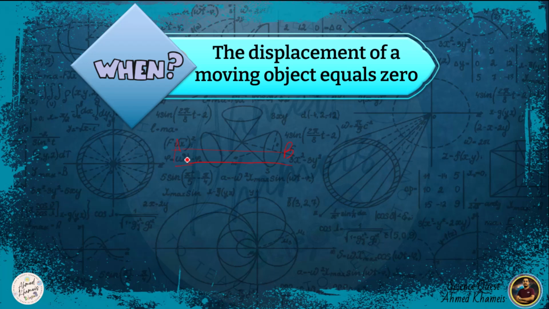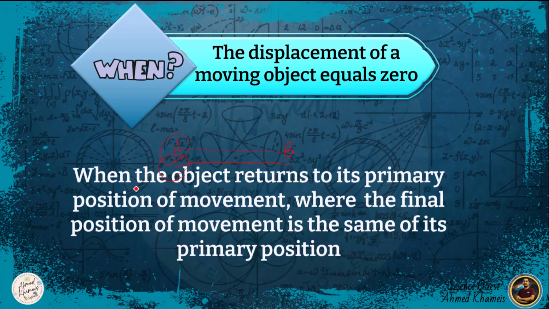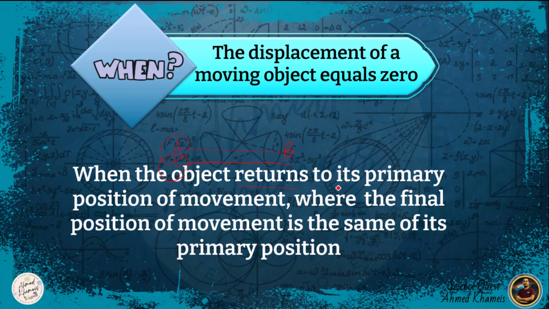The displacement is the length of the straight line in one direction from starting point to ending point, and the object starts at point A and ends at point A, so it didn't make any displacement. So the displacement of a moving object equals 0 when the object returns to its primary position of movement, where the final position of movement is the same as its primary position.